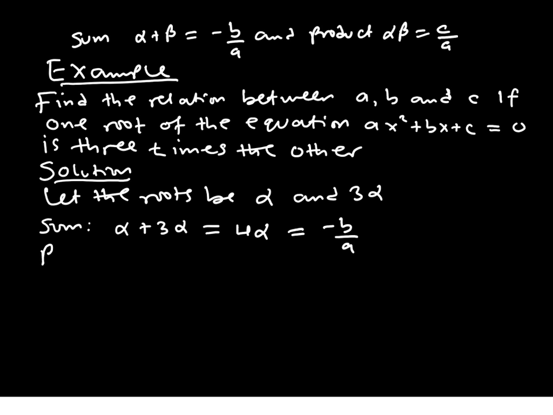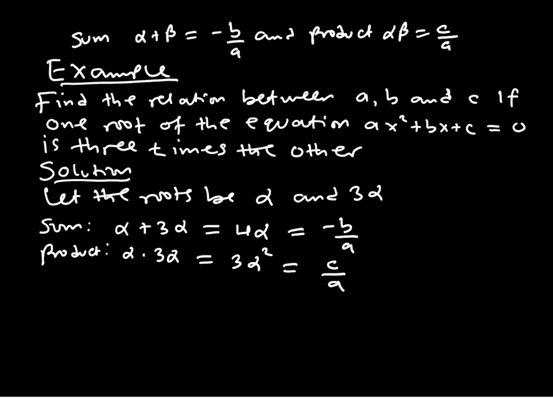Then we have the product, which is alpha and 3 alpha. This will be 3 alpha squared is c over a.